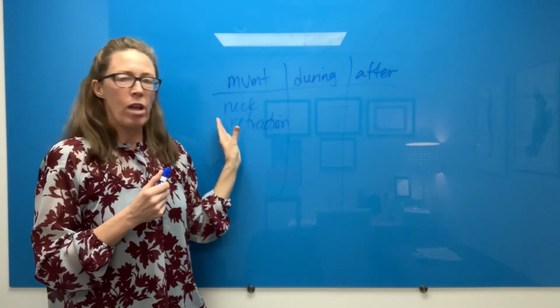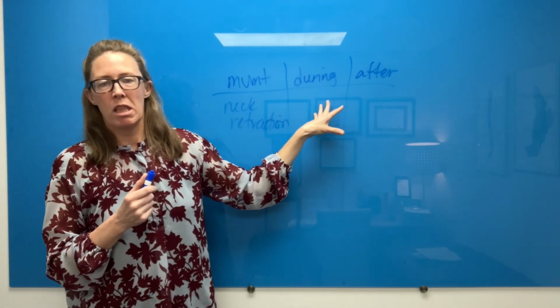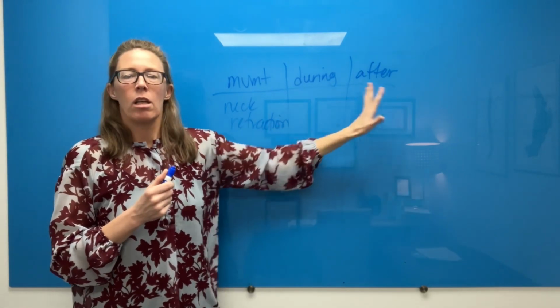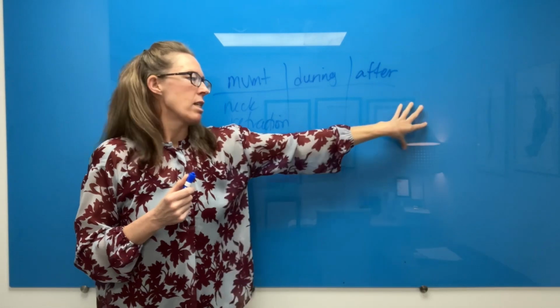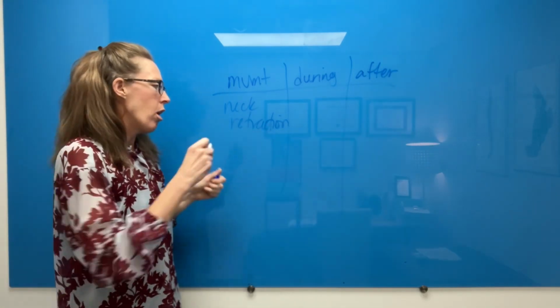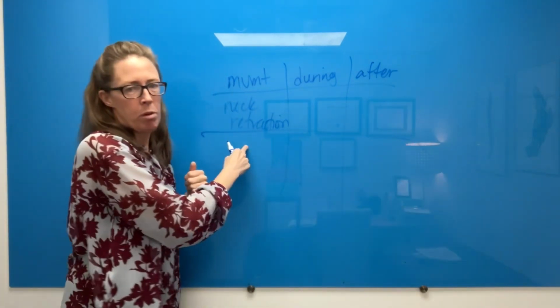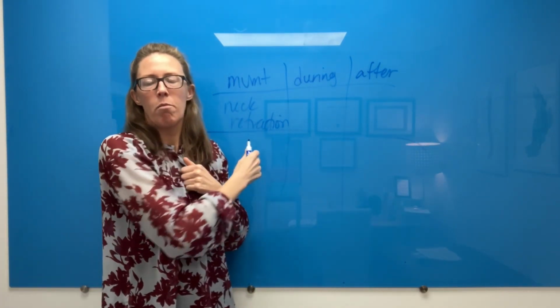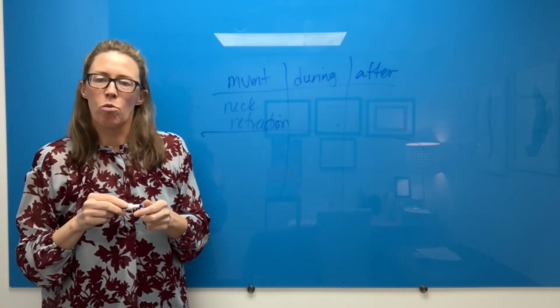Now, if I do neck retraction and it's making things worse and I abandon it, and either during and we test and the after is worse or no effect, then we go on to the next repeated movement test. If this was in seated, maybe I'll do neck retraction in supine.